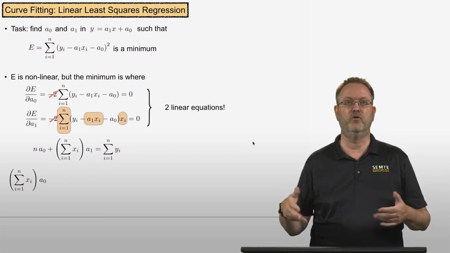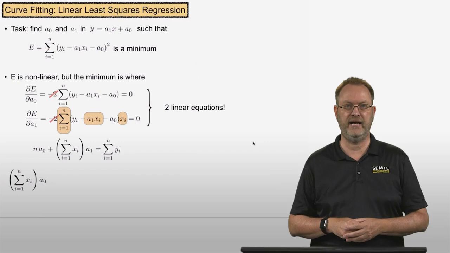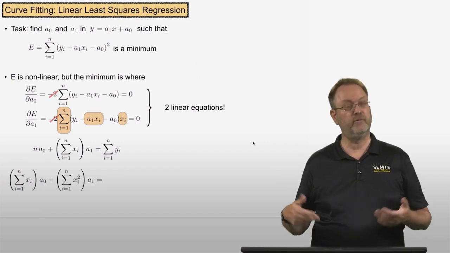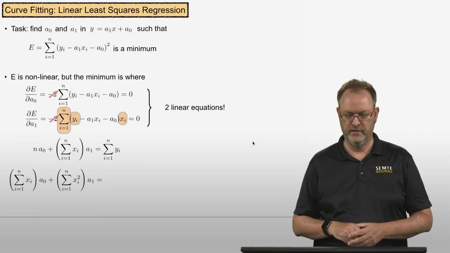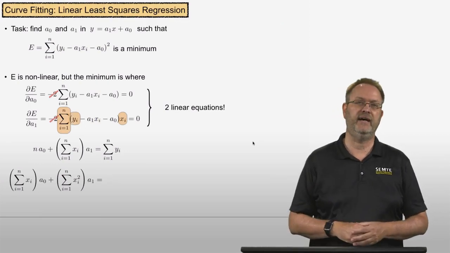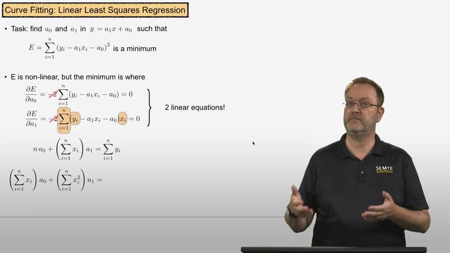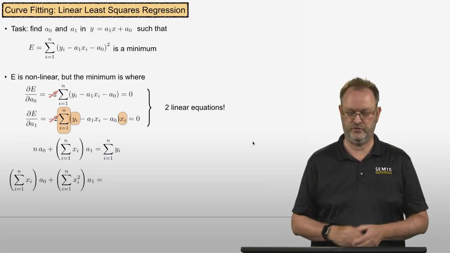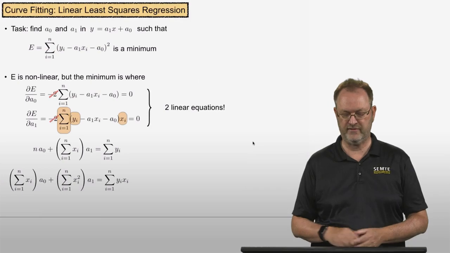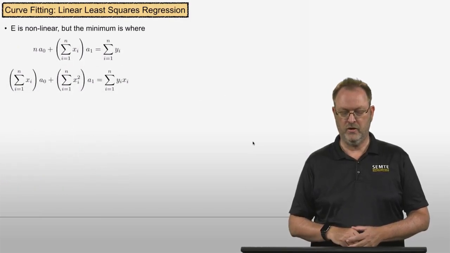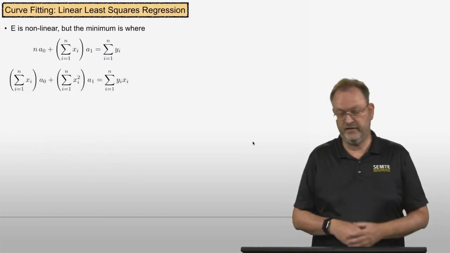So it's the sum over xi squared times a1. So the sum of all the xi squared values times a1 is equal to, on the right-hand side, the sum of the x multiplying the y values. The sum from 1 to n of yi times xi.